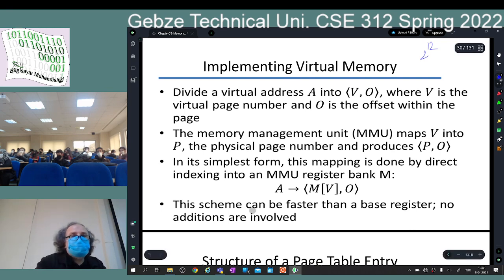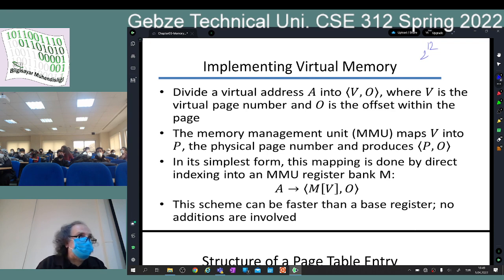The scheme is faster than the base register. No additions are involved, and that's basically it. Very simple operation, as long as, as I said, this array is not very large, because if the array is large, then my MMU has to be very, very large. I can't keep that kind of large data in my CPU.